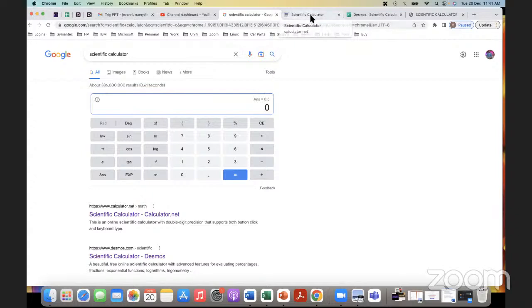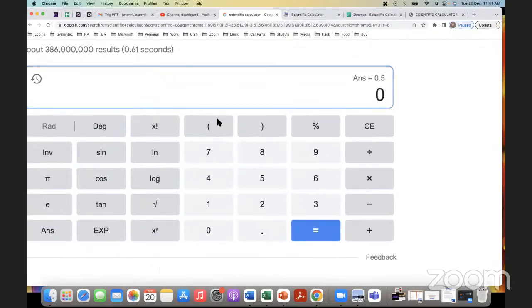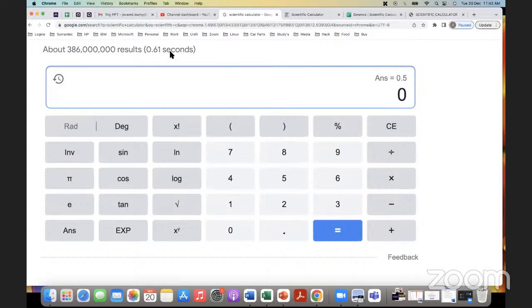Can we increase the size of your screen? There you go. Perfect. Thank you, Sir Lima. All right, guys, let's remove everything and clear that.